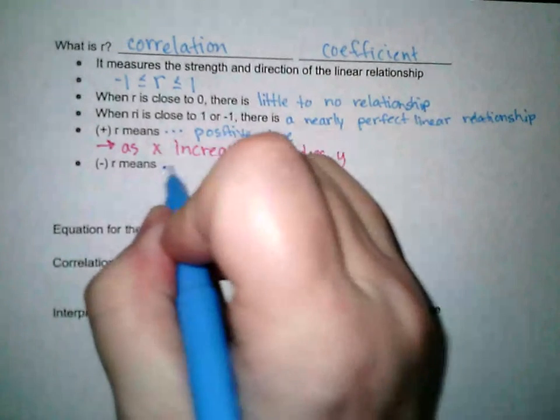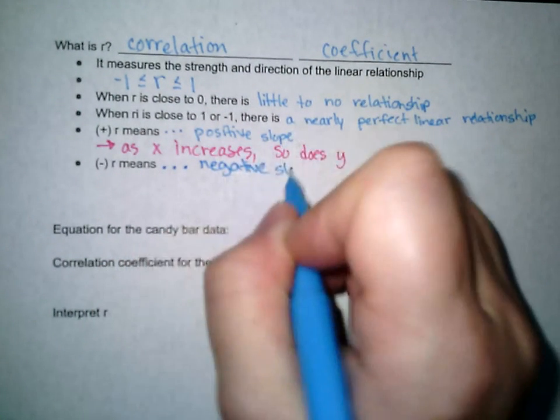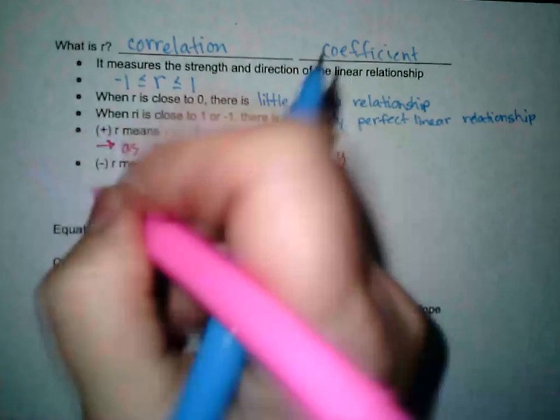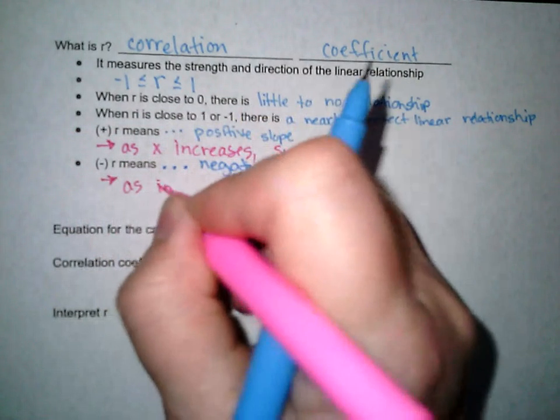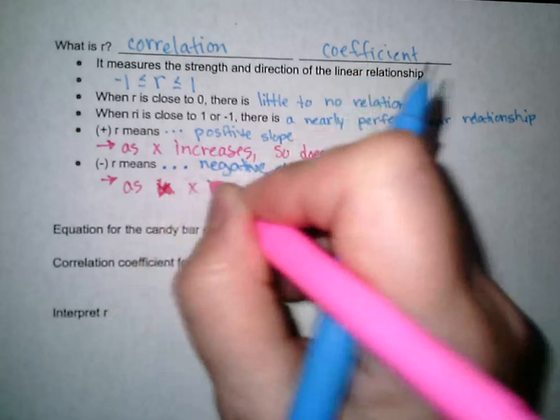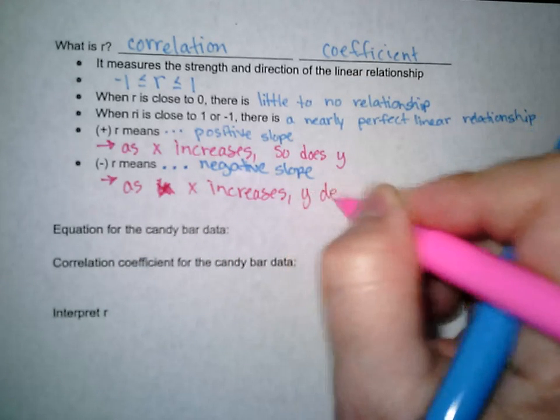A negative R means a negative slope. So we would interpret that by saying as x increases, y decreases.